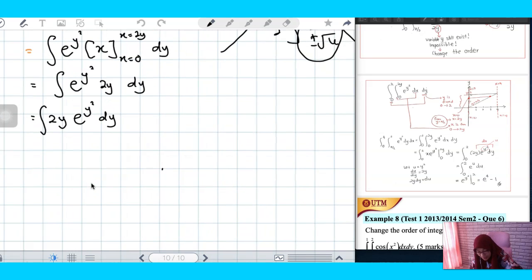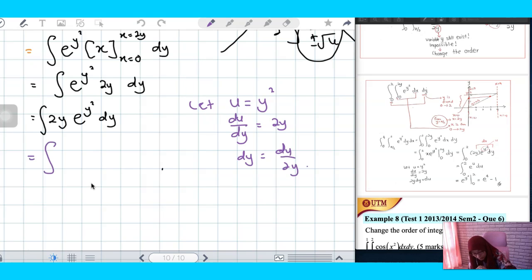What I mean is, now we have to use the substitution. So let u equal to y squared. Differentiate with respect to y, and then you have dy equal to du over 2y. Now when you substitute, you have 2y times e to the u, and your dy is du over 2y.